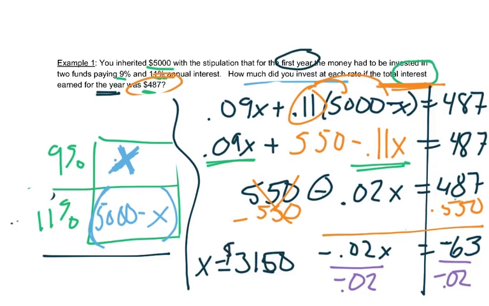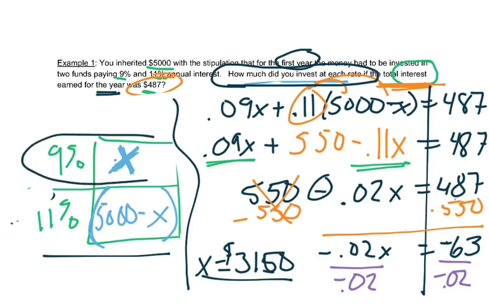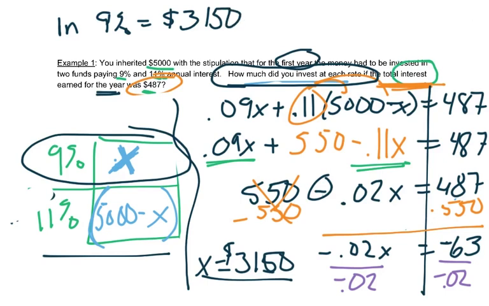So then let's go back. We have to make sure we answer the question. The question says, how much did you invest at each rate? So I have x equals this. Well, I have to remember what x stood for. That's another reason why this table was important. And so here, and that's why I left this, it tells me that x was the 9% amount. So in the 9% account, I invested 3,150.